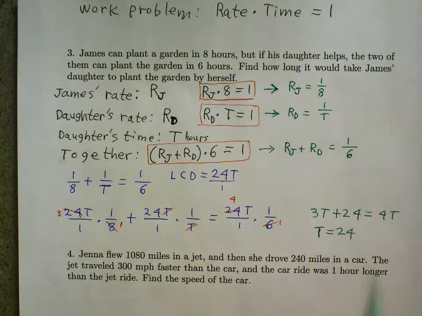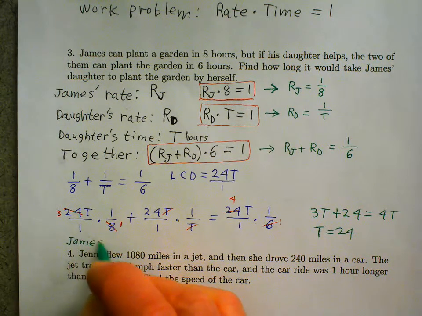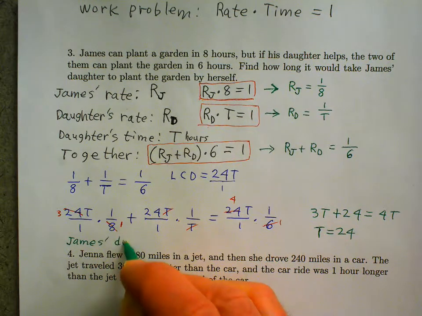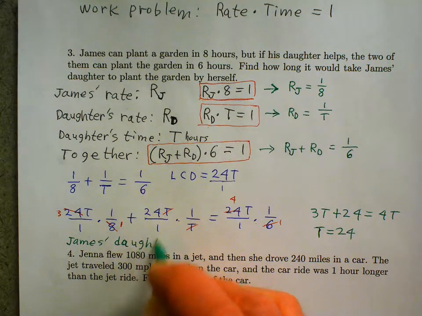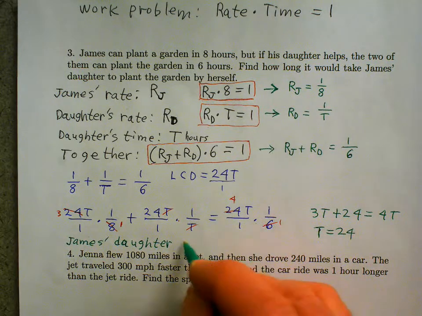Okay, so our summary would be that James's daughter takes 24 hours to plant the garden.